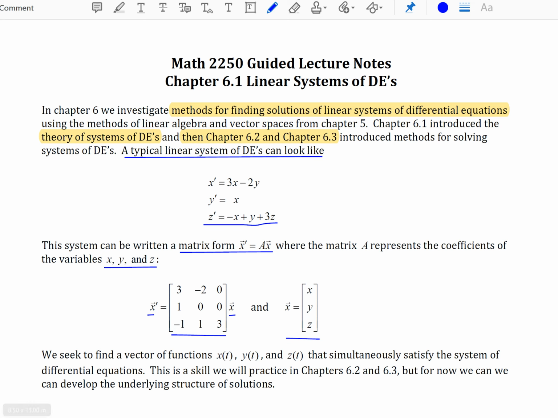We seek to find a vector of functions x of t, y of t, and z of t that will simultaneously satisfy this system of differential equations. Again, this is a skill we practice in Chapter 6.2 and 6.3, but for now we can develop the underlying structure of the solutions.